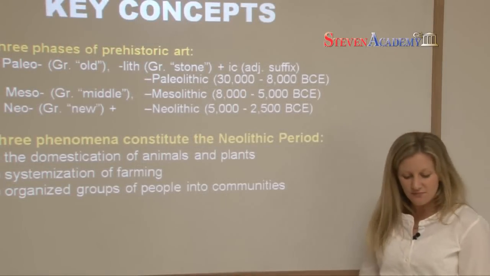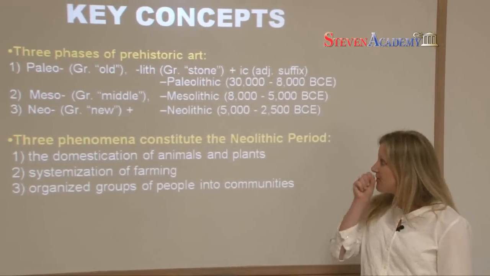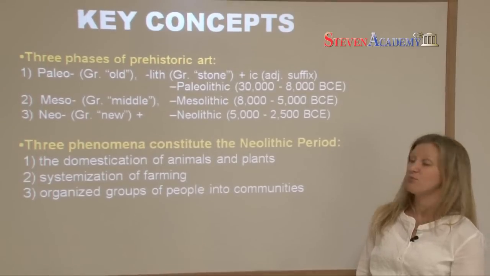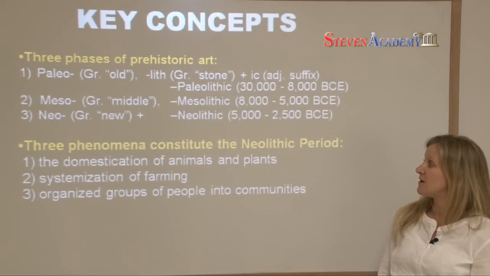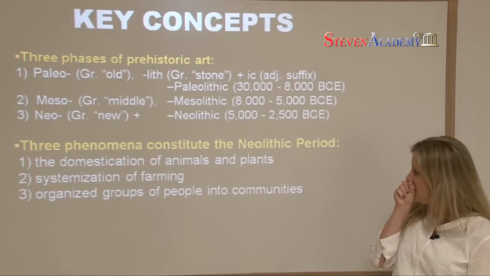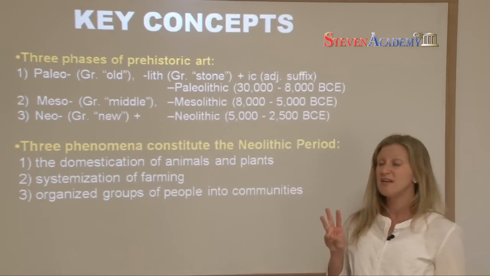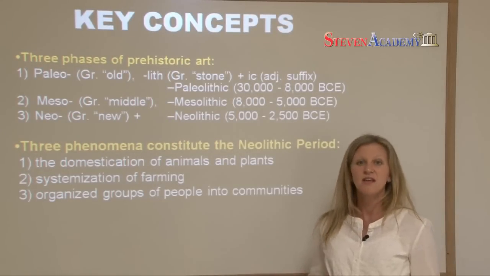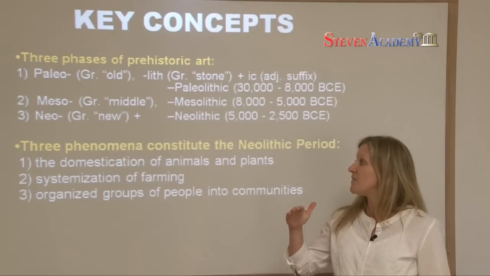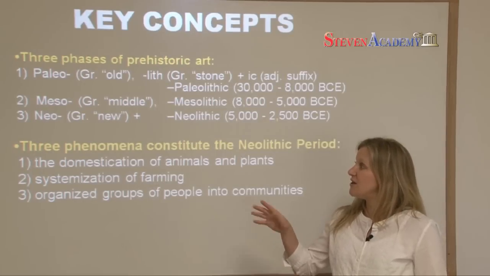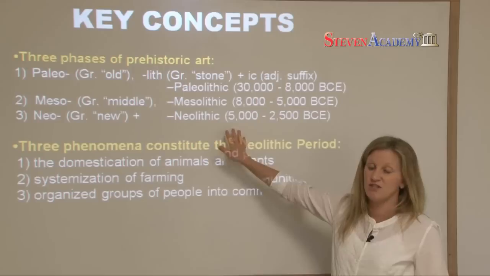Okay, some key concepts that I have for you in prehistoric art are the following. I believe we have 5 key concepts. The first one, there are 3 different phases of prehistoric art, and they're broken down by terms that you can break apart by going back to the Greek.